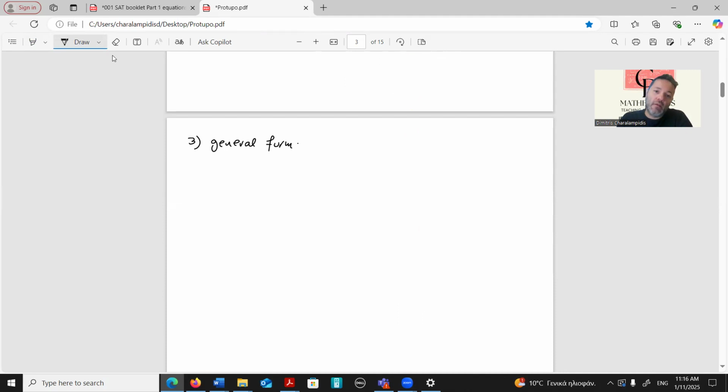And finally, we have seen the general form of a line, which is the form ax plus by plus c equals 0.